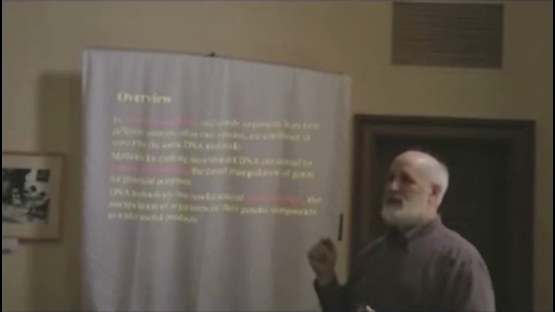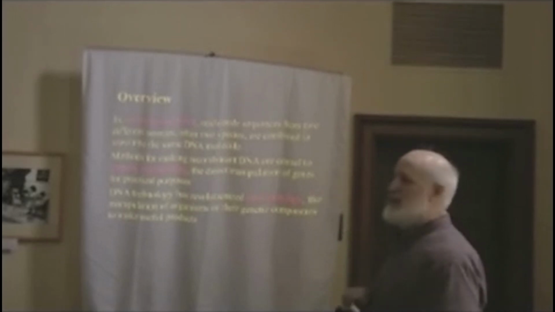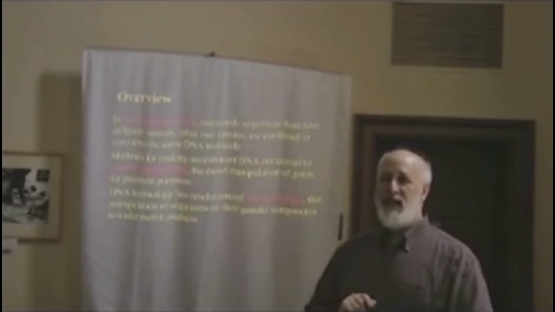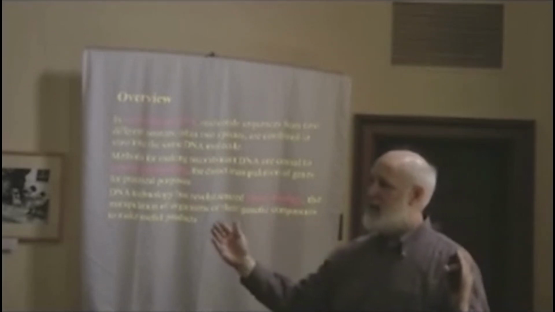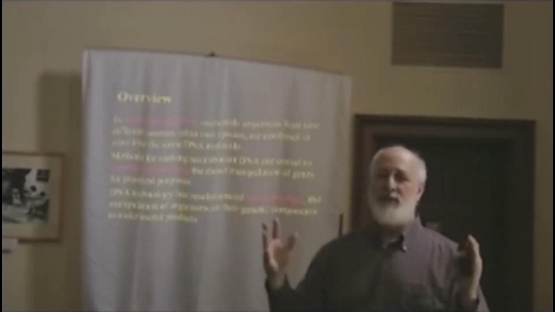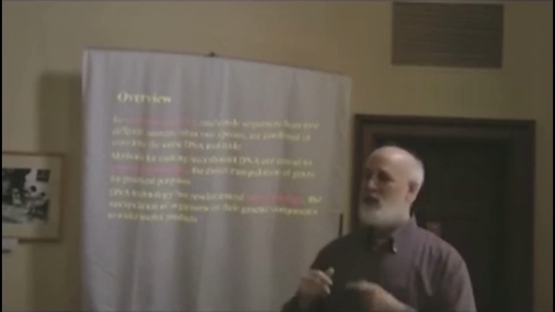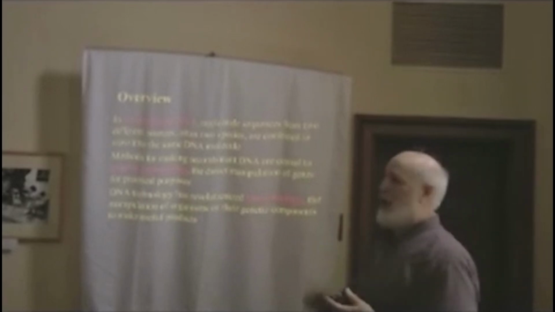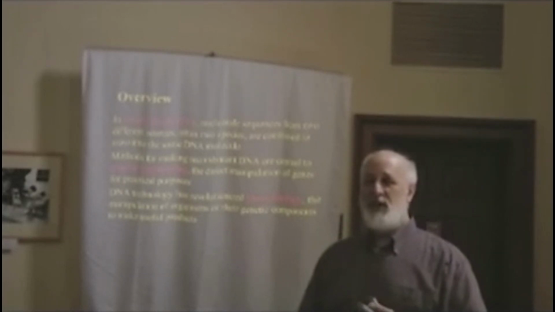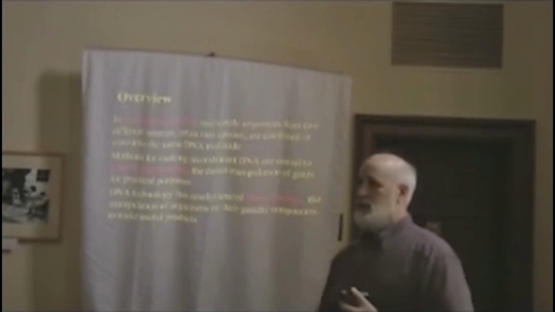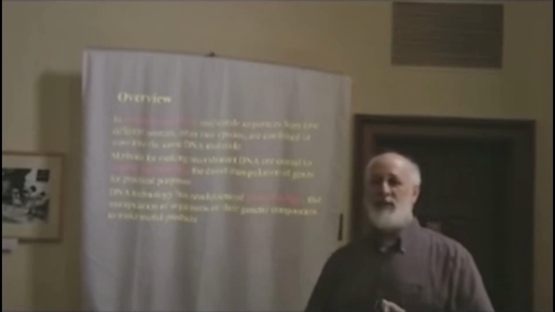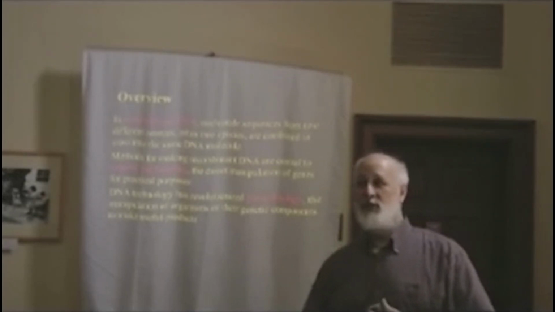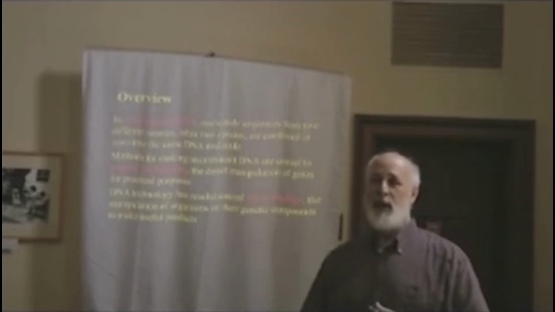Okay, so what we'll be looking at is making recombinant DNA. Recombinant DNA is a piece of DNA that has sections from different organisms together in one thing. We'll find that different ways of making that are part of genetic engineering, and ultimately we want to have a situation of biotechnology where we can use that to benefit us in some way or other.